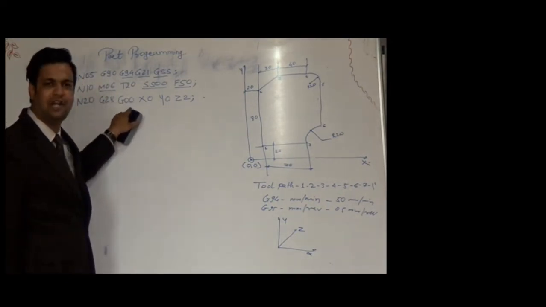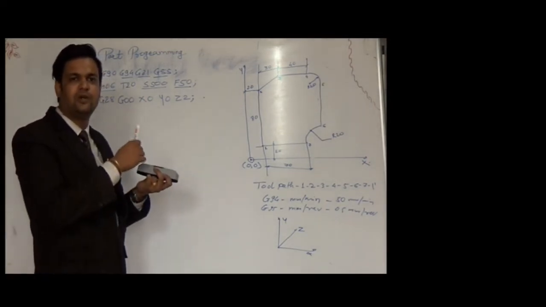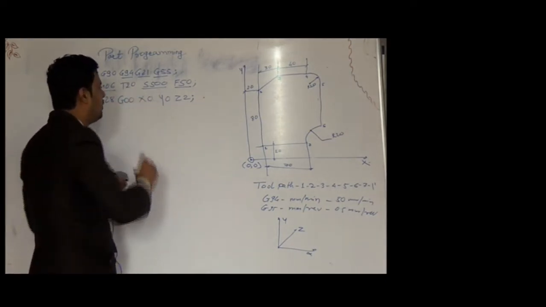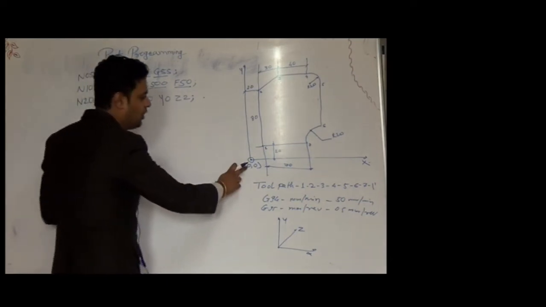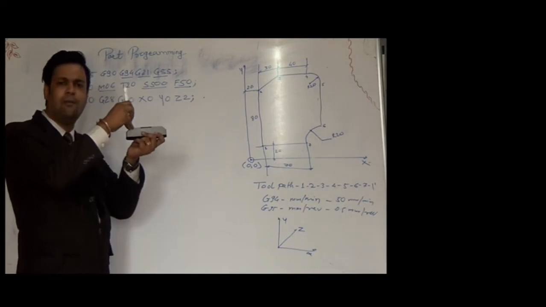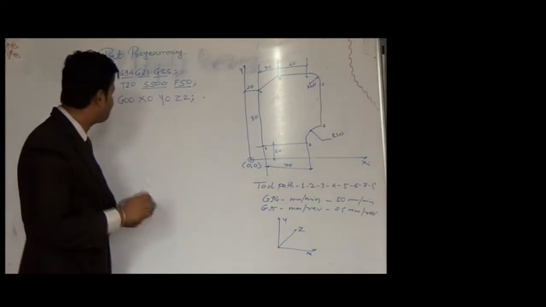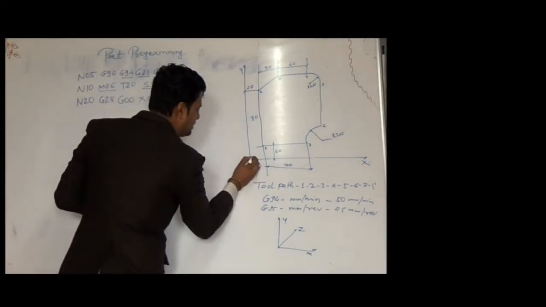G00 is a rapid traverse where the x, y, z directions move without any cutting. Then x0, y0 and z2 indicate that the cutter is 2 mm apart from the surface of your profile. Now the cutter is at this position.